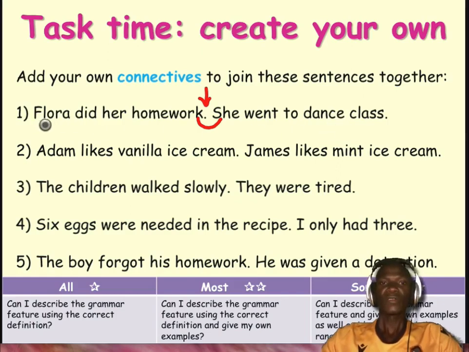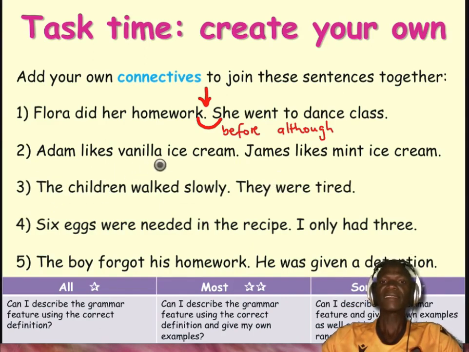So Flora did her homework, she went to dance. There are several words that we can use here. We can have words like before. Somebody can also use the word although there, and many other words that you may come up with.